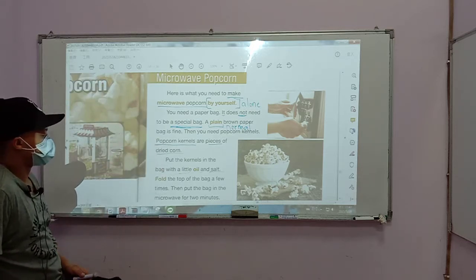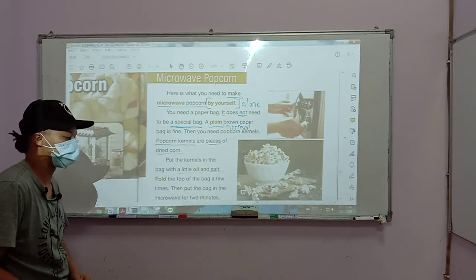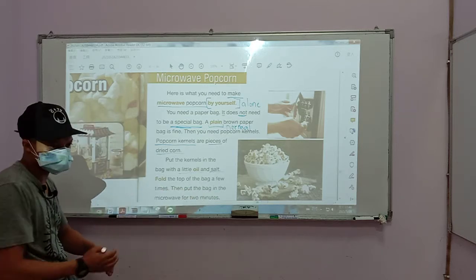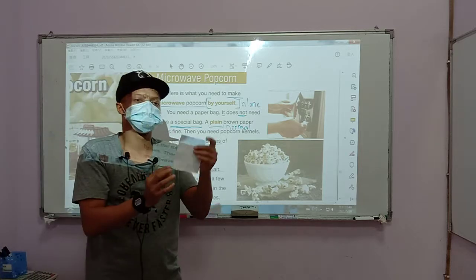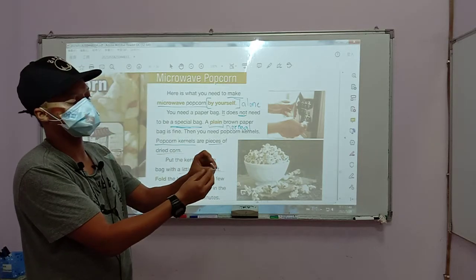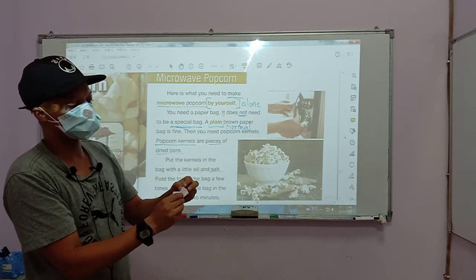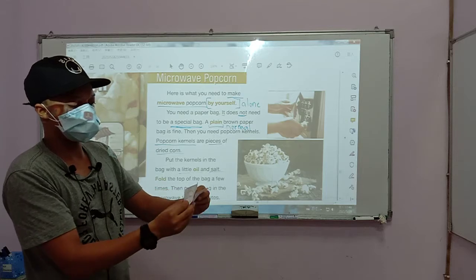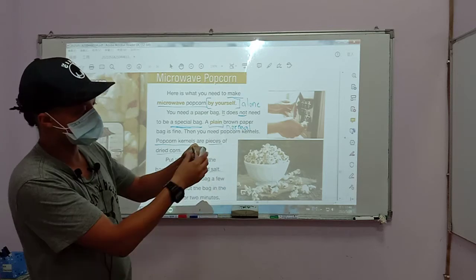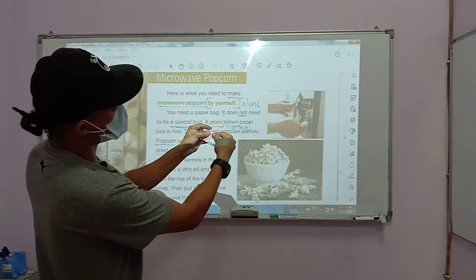The next thing you need to do is to fold the top of the bag a few times. So we were talking, I showed you guys how I fold the paper, right? I showed you I fold the paper like that into halves, and now it's small. What they are saying is that if you have a bag over here, if this is my bag, very, very small bag, I fold the top of the bag.